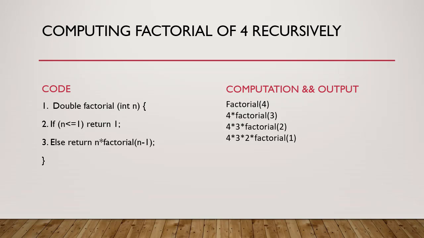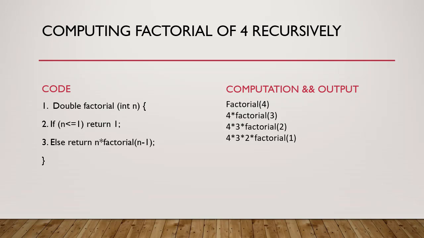So at first, we call number 4, which is factorial of 4. And then afterwards, the function will call itself again, but now it will call 4 times factorial of 3, which is n minus 1. And afterwards, it will call 4 times 3 times factorial of 2.